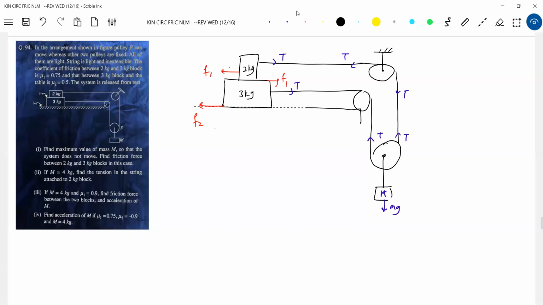So therefore, for the maximum value of M for equilibrium, what happens here? The limiting friction will come. When M becomes maximum, this will become F2. So let's write the equation first. T should be equal to F2. Oh, combined block.